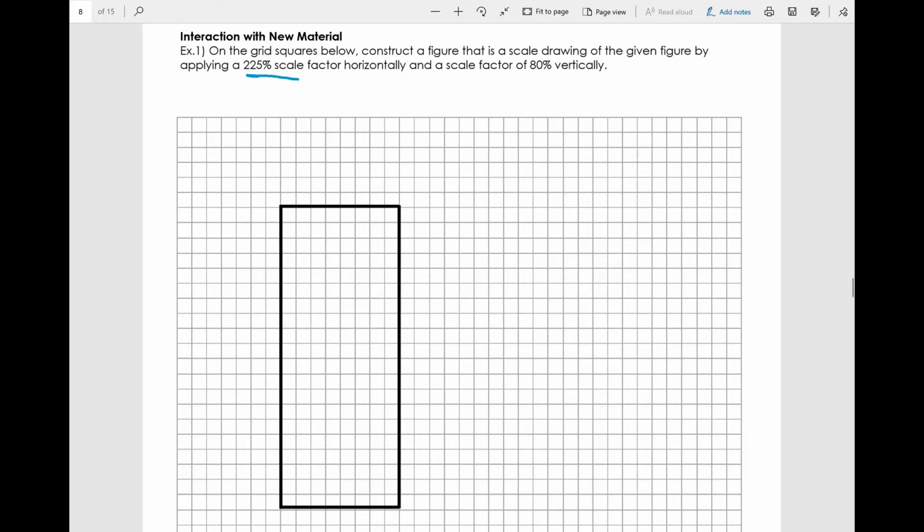This is a lot of information here. So what we need to do is figure out some measurements, right? Let's start with horizontally since that's the first one it gives us.